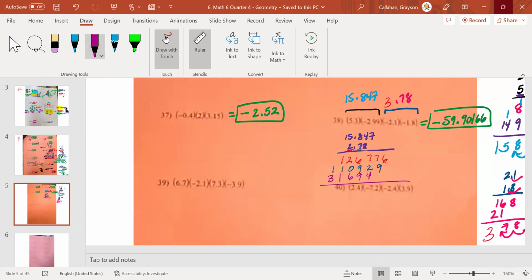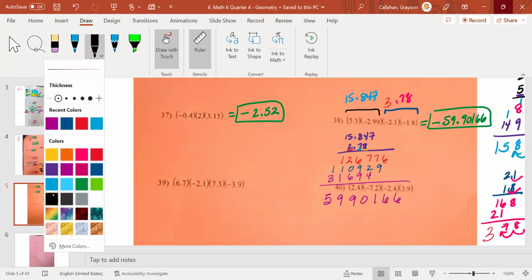And when you add everything together, you will get a 5,990,166, right? But you got to be careful of the decimals, okay?